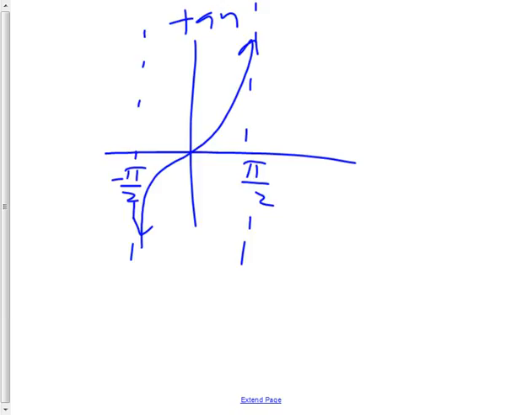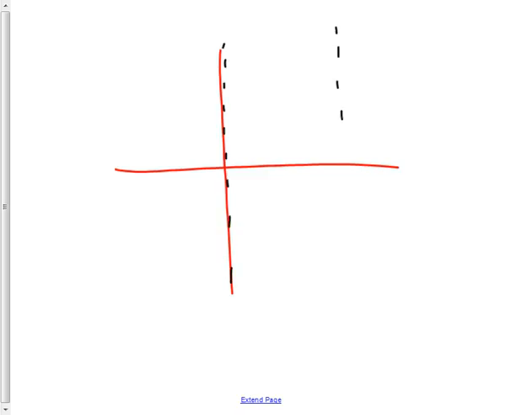Get that? That's tangent. How about the parent for cotangent? Here's cotangent. Cotangent, you have to go over here and have it go down the whole time. Also gets done at pi, so this is pi.